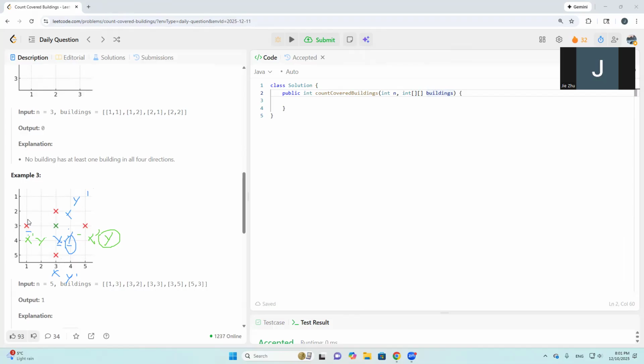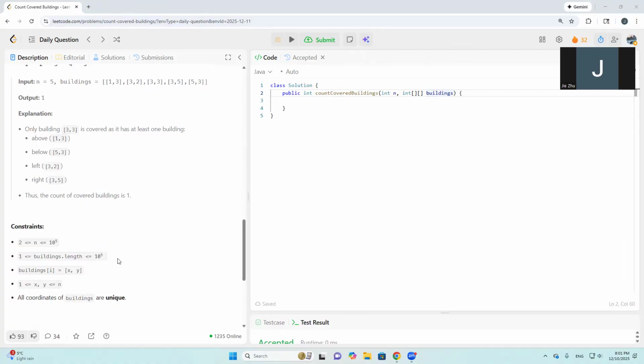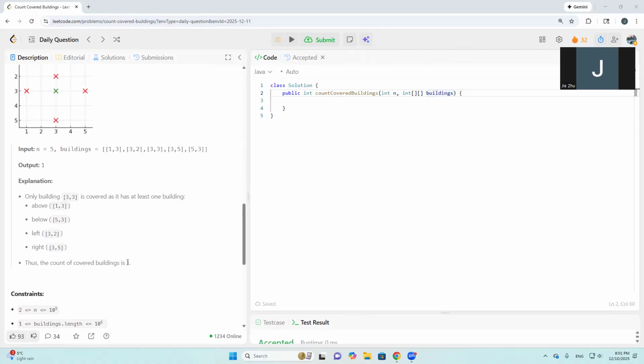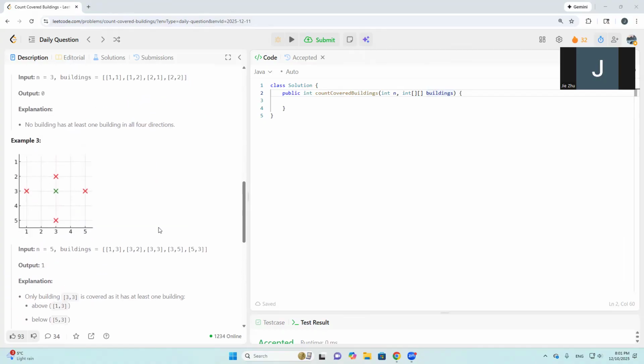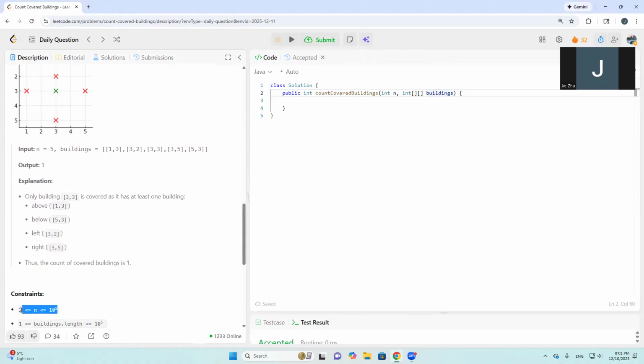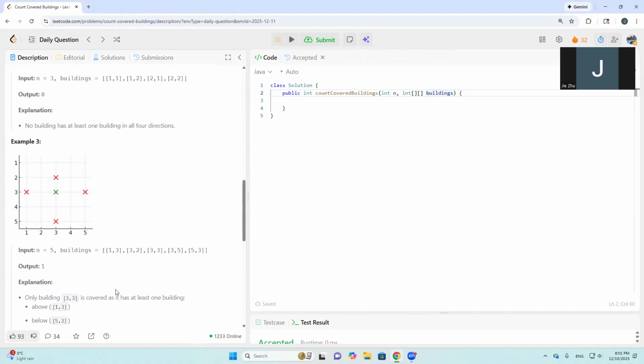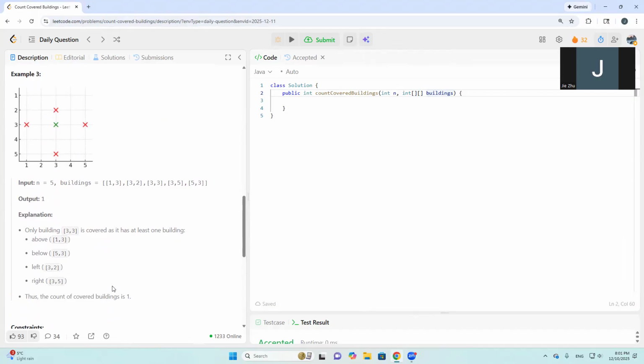So what we're thinking about is that if for every point we check the other points, it will be O(n squared) time complexity. So we can think about whether we can project those points onto the x axis and the y axis.